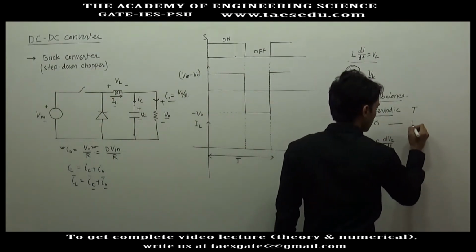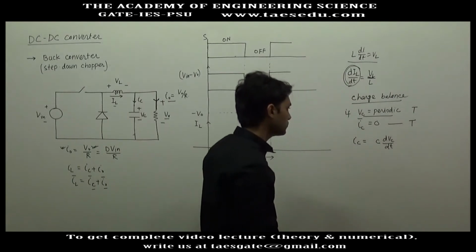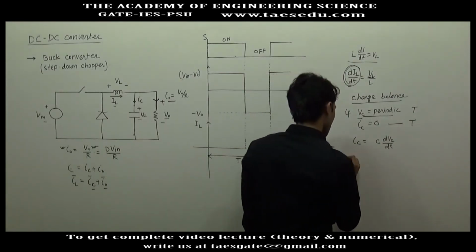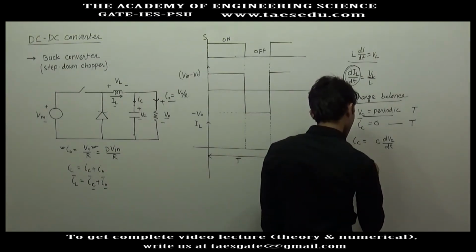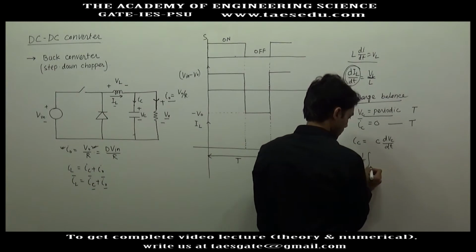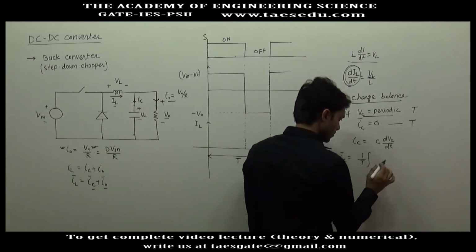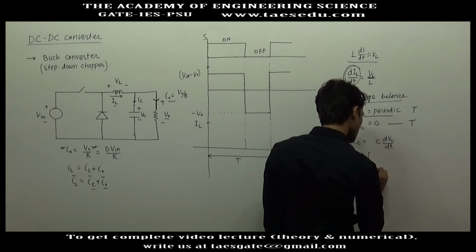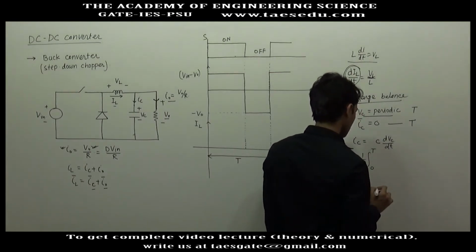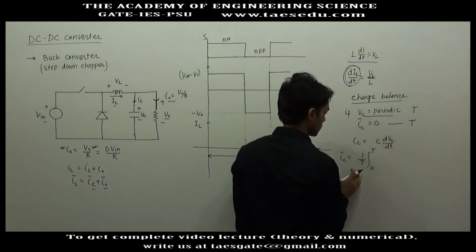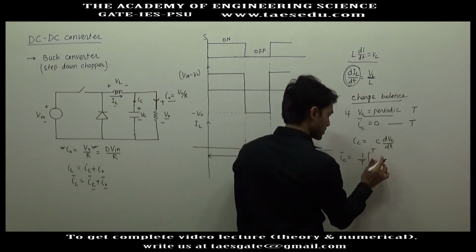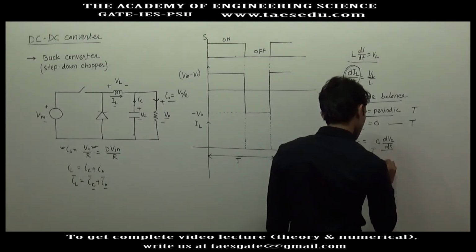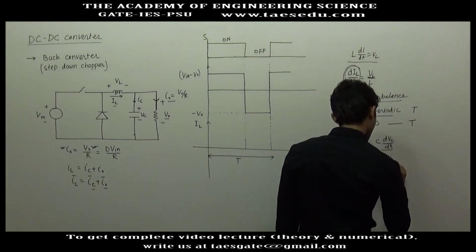Capacitor current will also be periodic with T. Now the average value of capacitor current will be 1 by T integration from 0 to T of capacitor current dt, and capacitor current is C dVc by dt into dt.